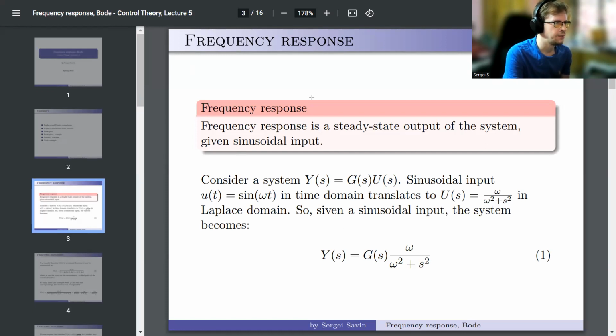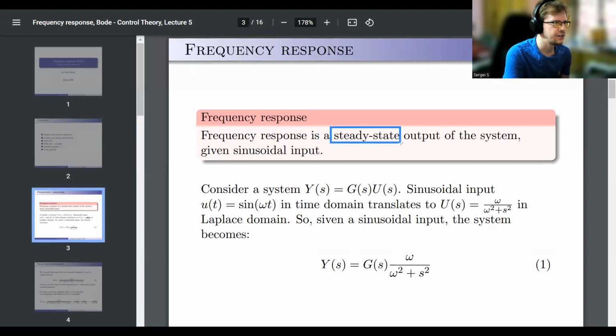Well, steady state here means the output at the time that approaches infinity. So given that the system stabilized, saying that something is steady state for an unstable system doesn't make a lot of sense. So we usually assume that the system stabilizes, right?